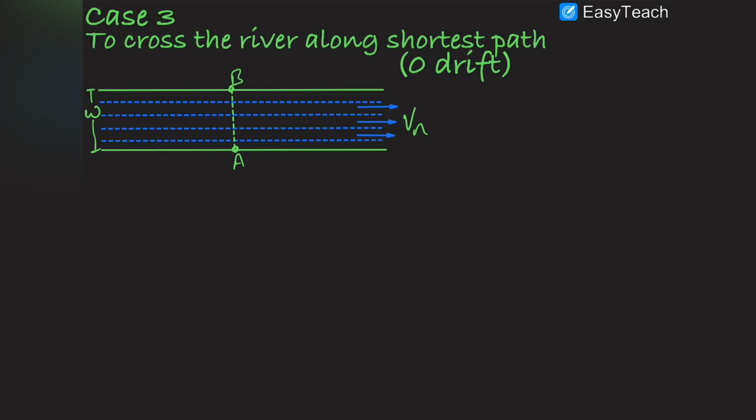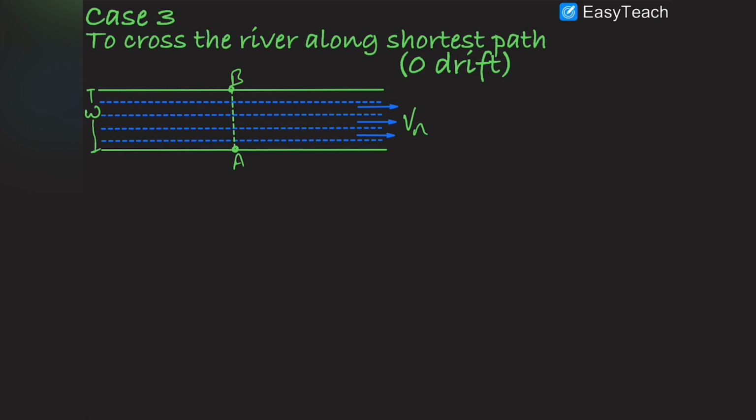The river will drift this boat in the direction of the x-axis. So in that case there would be some drift, but this boatman wishes to reach just this point B, which is directly opposite to point A.